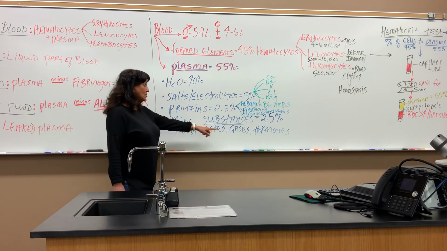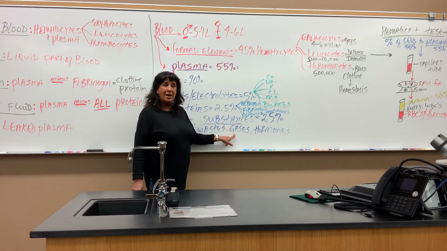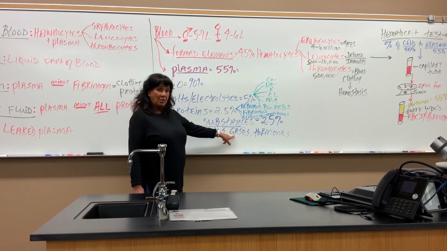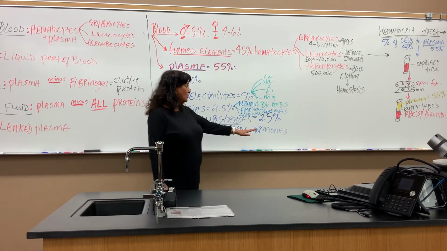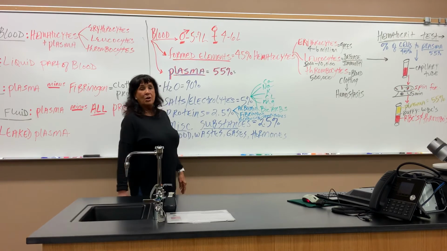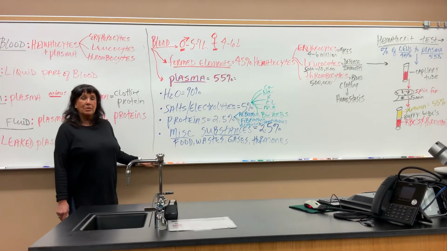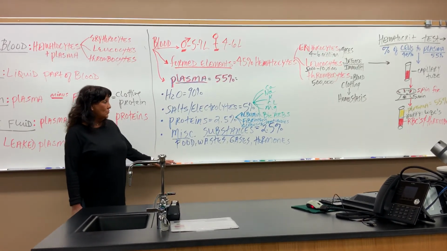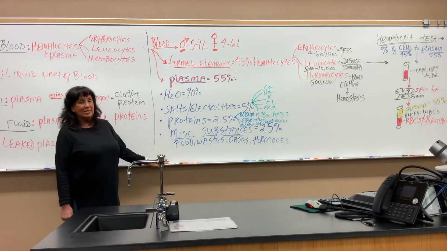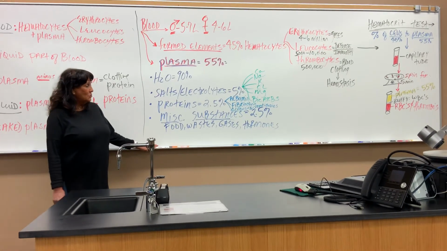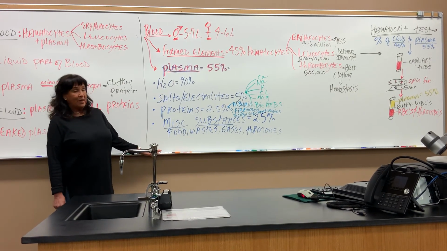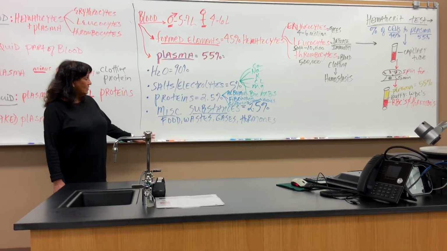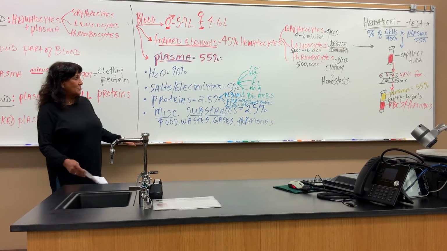And then gases can be carried in your plasma, oxygen and CO2, and other gases, bad gases, but you can have gases. And then, of course, your hormones. Your hormones will be in the plasma of the blood because that's where all hormones go. They are made in cells and then released into capillaries, cardiovascular capillaries, right? Or lymphatic capillaries. So anyway, those are the miscellaneous substances.